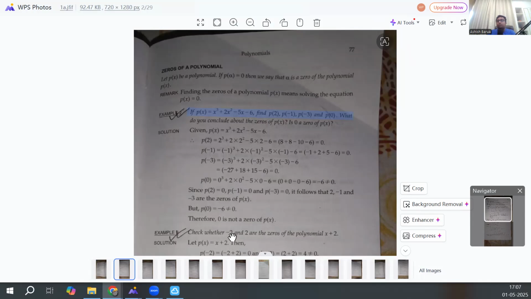So -2 is a zero of the polynomial x plus 2. But if we put the value plus 2, what does p(x) become? p(2) becomes 2 plus 2, which is 4, not equal to 0. That means 2 is not a zero of the polynomial x plus 2.